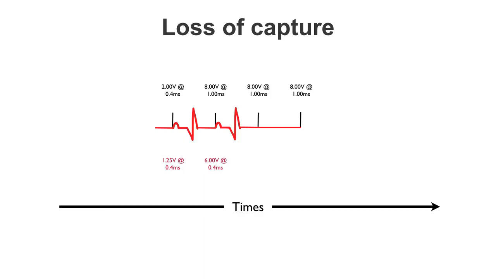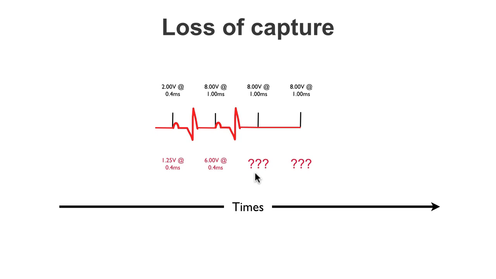So, if you are seeing loss of capture, which can be seen on this ECG here, you can be quite confident that something catastrophic has happened to the lead. That is because the chances are the pacemaker has increased the output pulse to 8 volts at 1 millisecond, yet this is still insufficient, which could suggest we have an infinite pacing threshold.